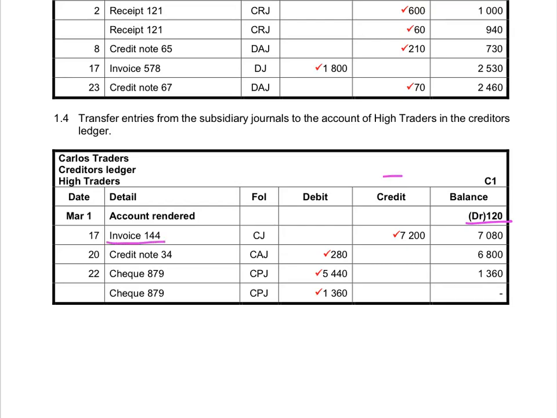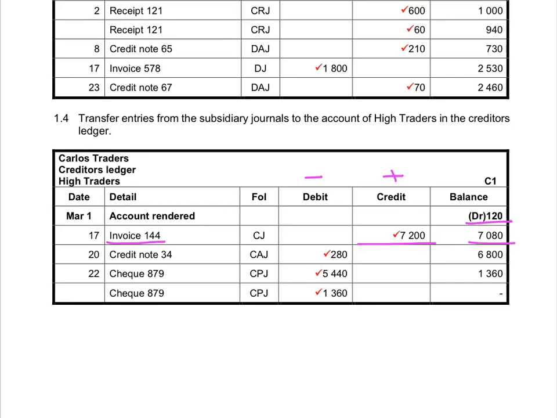A creditor is a liability that increases on the credit side and decreases on the debit side. The amount of the invoice was 7,200, so it means that we owe them 7,200 less the 120 debit balance at the beginning of the month, and that means that the outstanding amount now is 7,080.